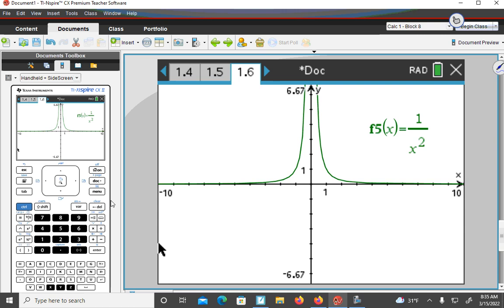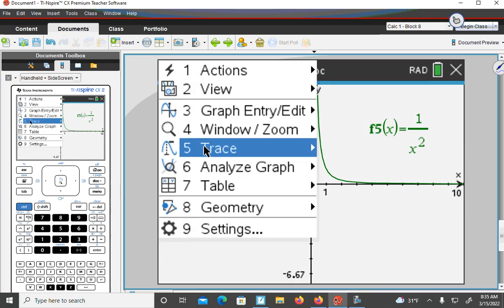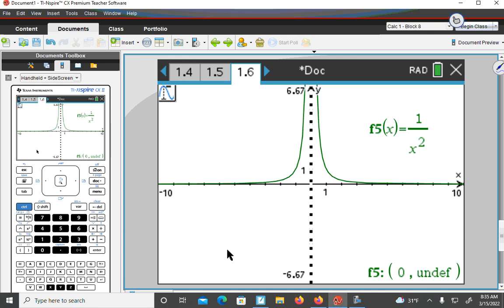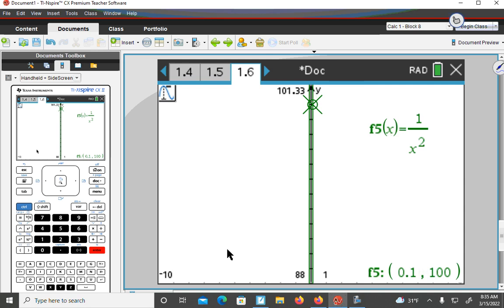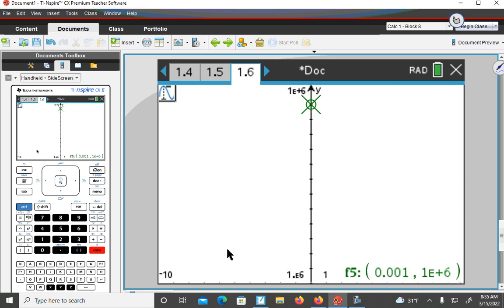If I hit menu trace, graph trace, and let's say I do 0.1, 0.001, that's that 1 e to 6, which is 1 followed by 6 zeros.